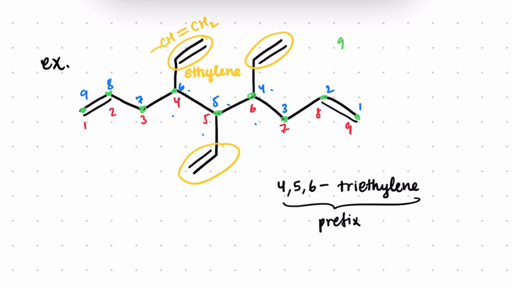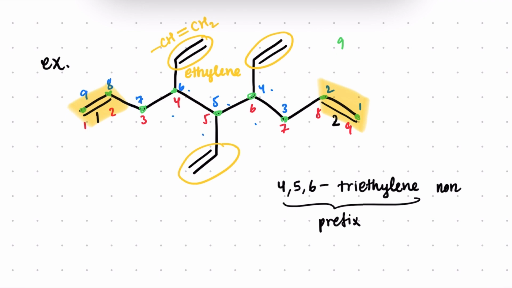Now let's get on with the root word. Our root word here is non, because there are 9 carbons in the parent chain. And since here we've got 2 double bonds, let's highlight that, we have to use -ene. But since we have 2 here, just like how we used tri, we're going to have to use di instead because there are 2.